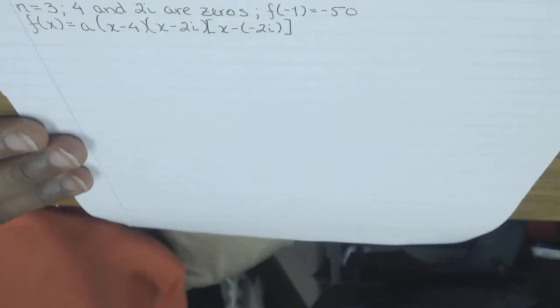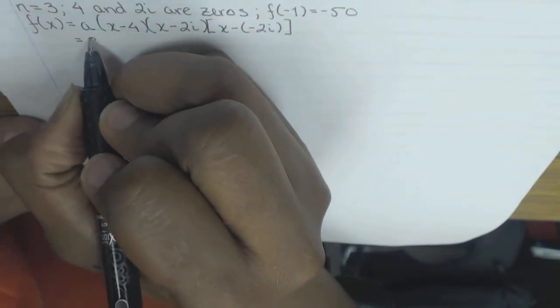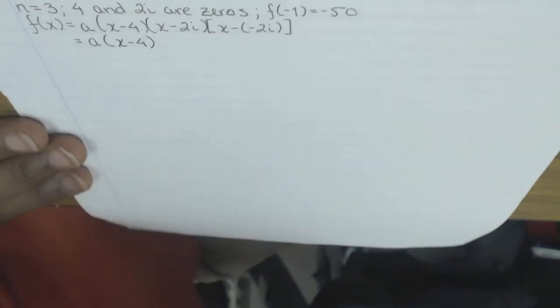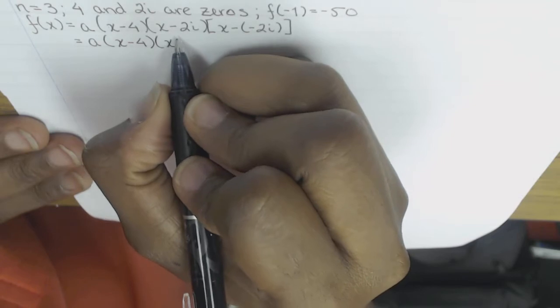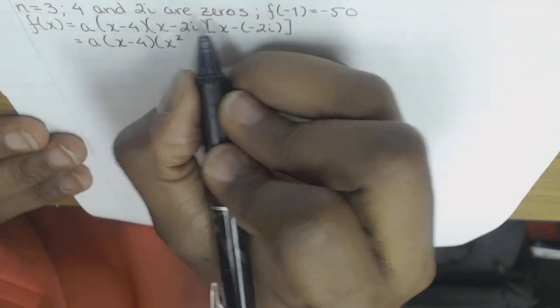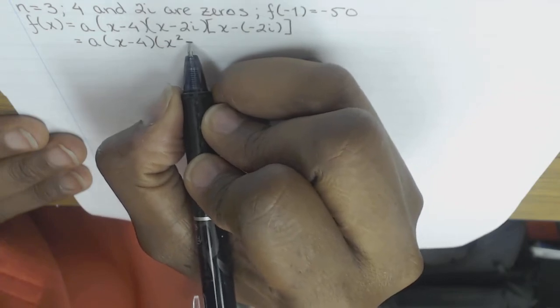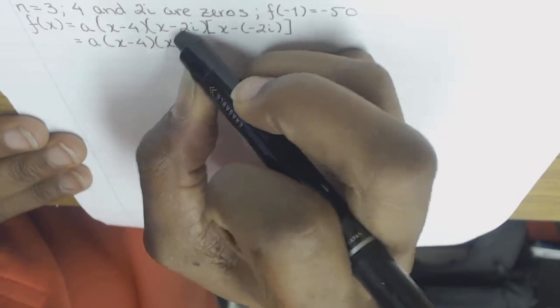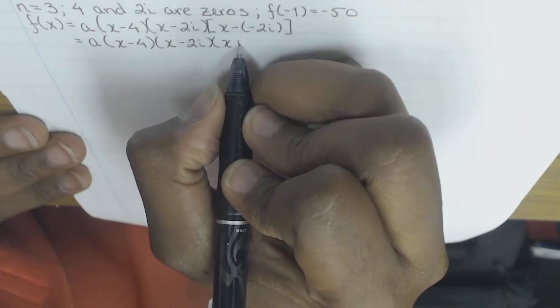And we're back to multiplying things out. So a times, I'm going to use x minus 4 for a second, just hold on to it. I'm going to FOIL these two. x minus 2i times x plus 2i.